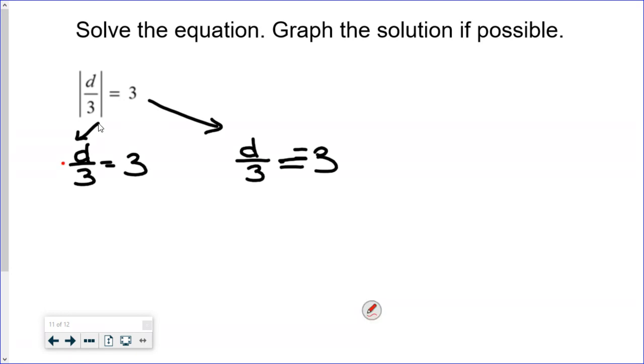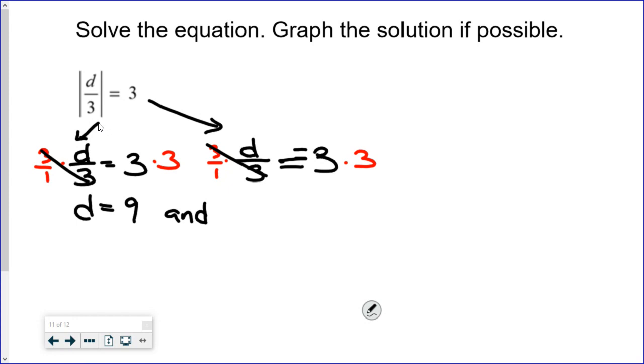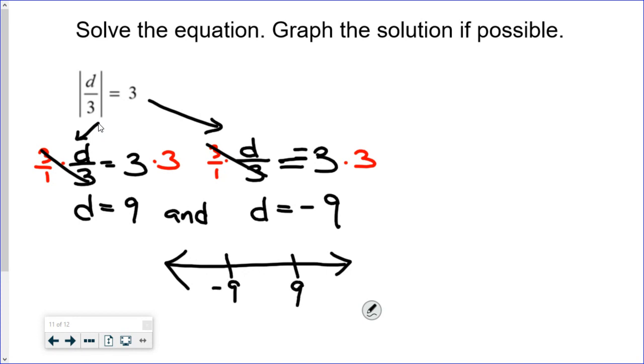Now this is division, so I'm going to multiply both sides, and I get 9, and I'm going to do the same thing, multiply by 3, and I'm going to get negative 9. And then on a number line, I'm going to have my two numbers, which one is further left, which one is further right, and just make a few dots saying, yep, I know a negative 9 is actually further left.